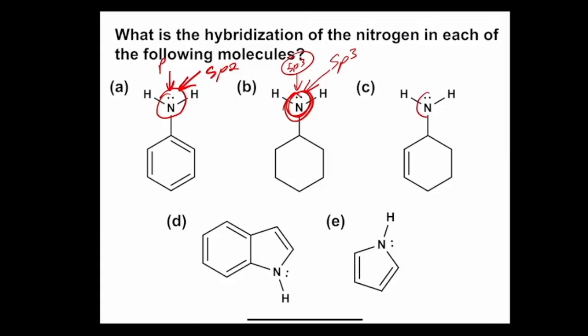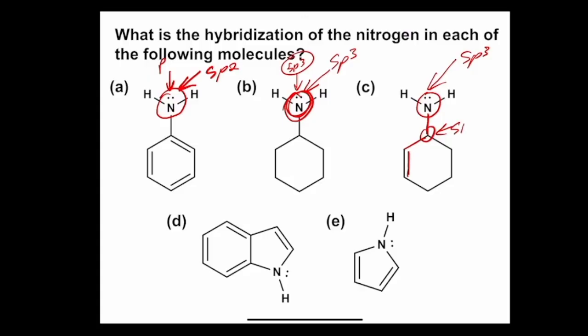Okay, what about this nitrogen? What's the hybridization of that nitrogen? Anybody say sp2? That's right, it's sp3. Why? No resonance. We have a pi bond, we have a sigma bond, but you have this other sigma bond spacing.